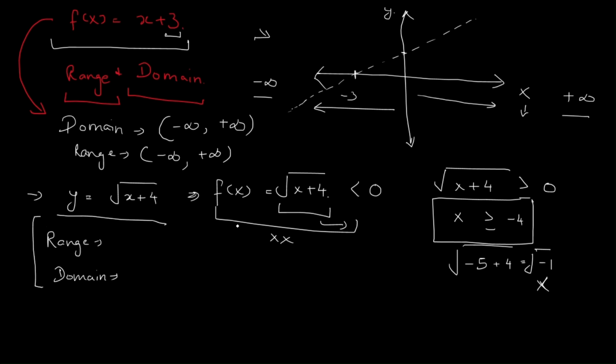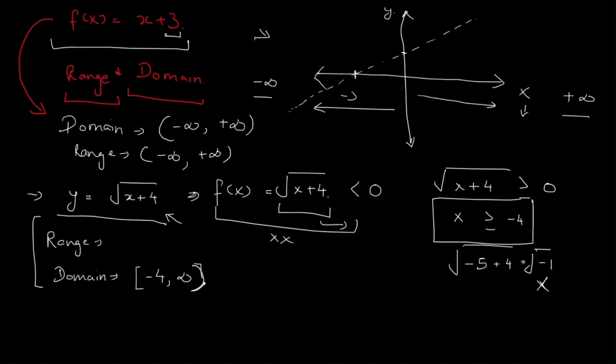So let's see what the domain is first. As we can see, this function can take values greater than or equal to minus 4. So here, with a closed bracket, minus 4 to infinity, open interval, right?